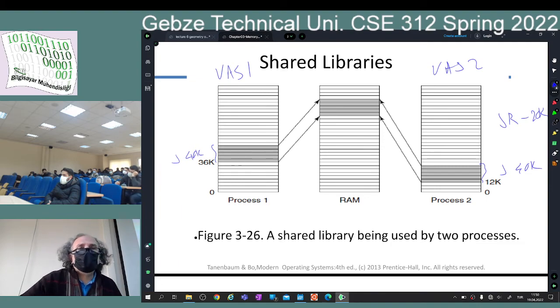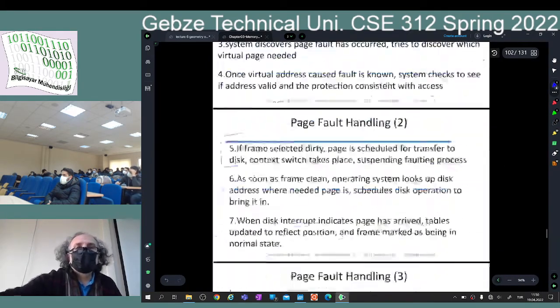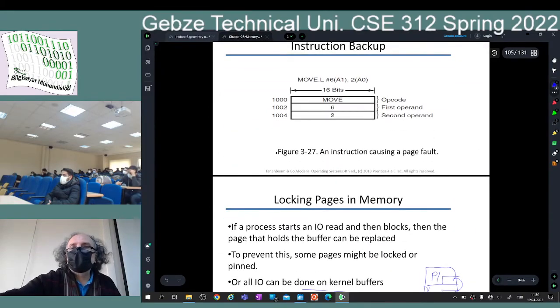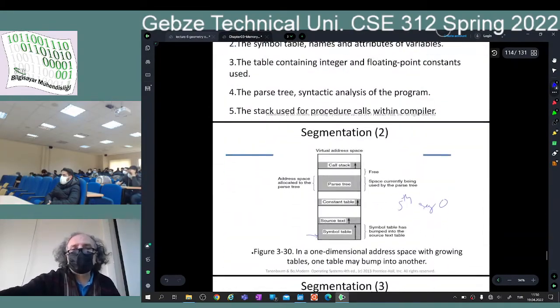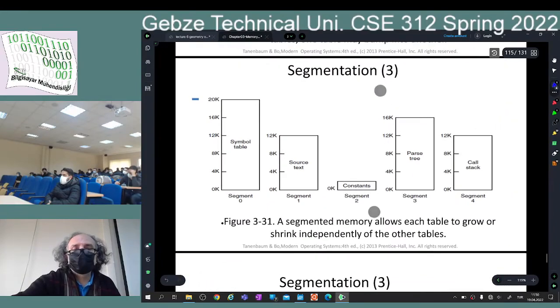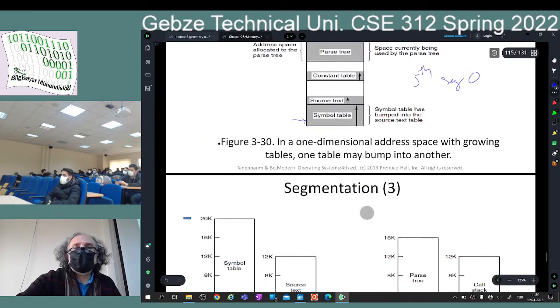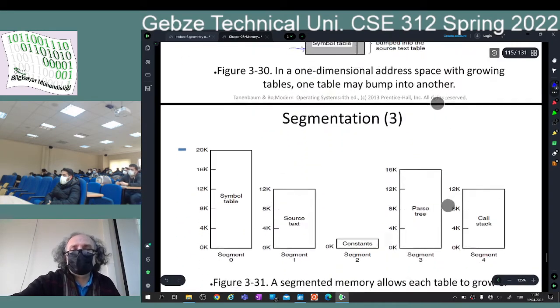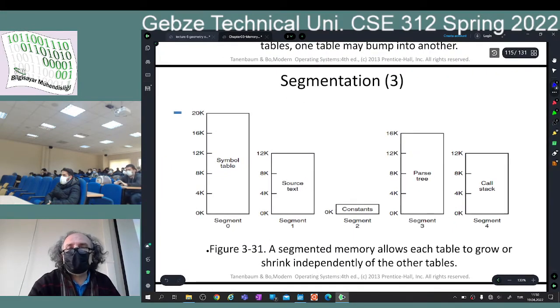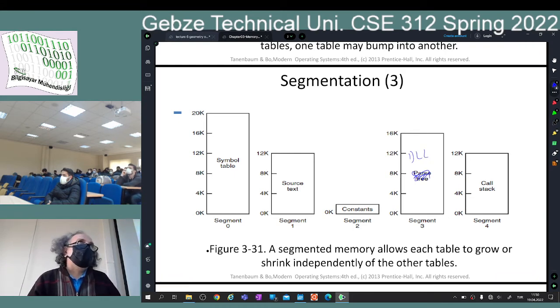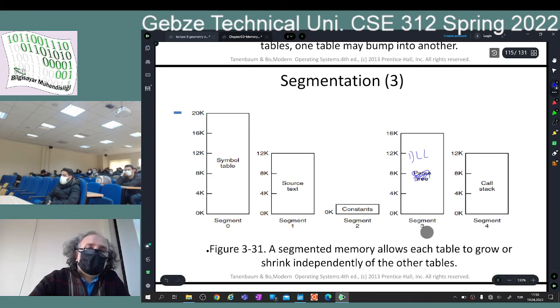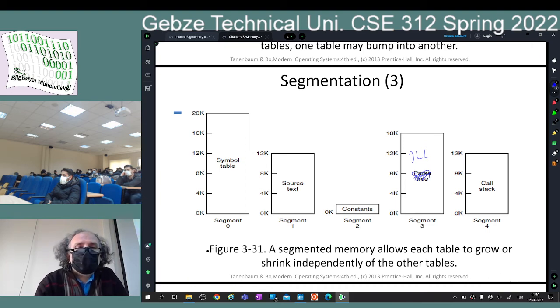If I do the same thing with segmentation, let's say this is my dynamically linked library. All the programs that need to use this dynamic link library share segment number 3, and the address is always 0 here.